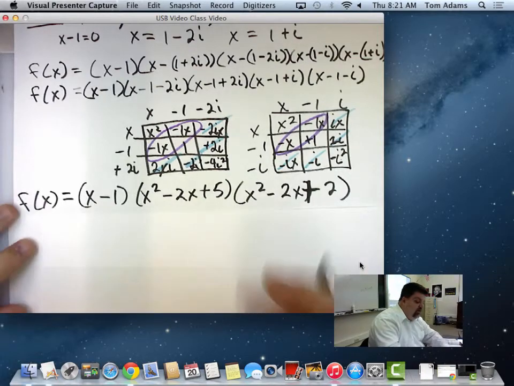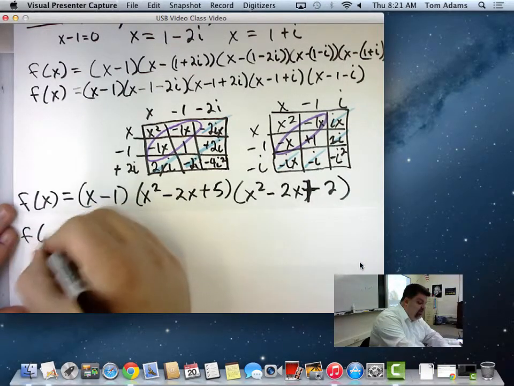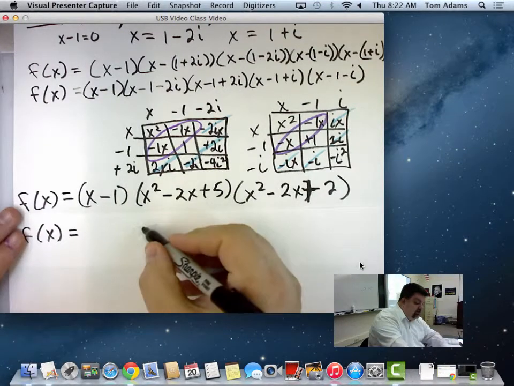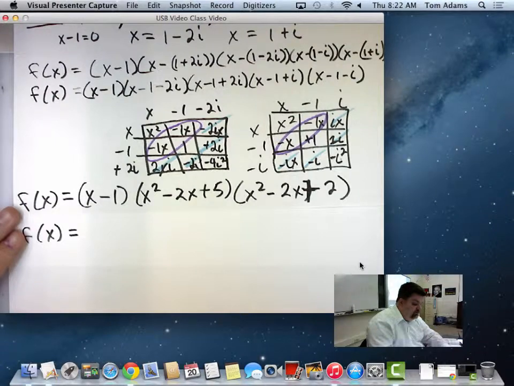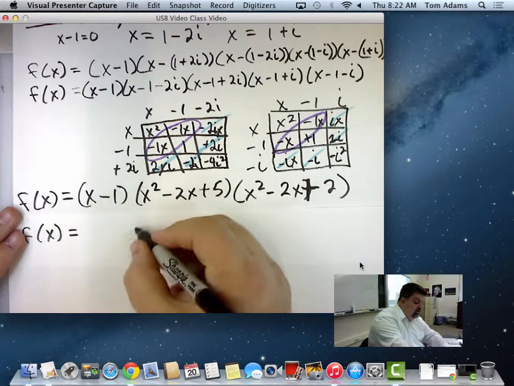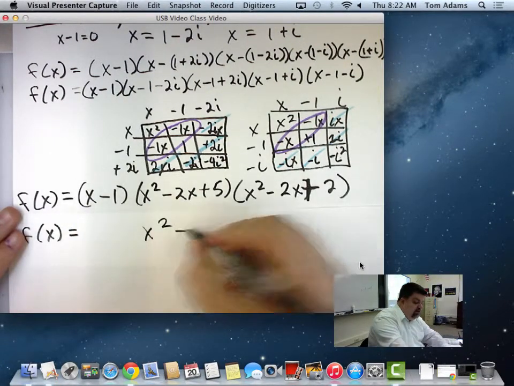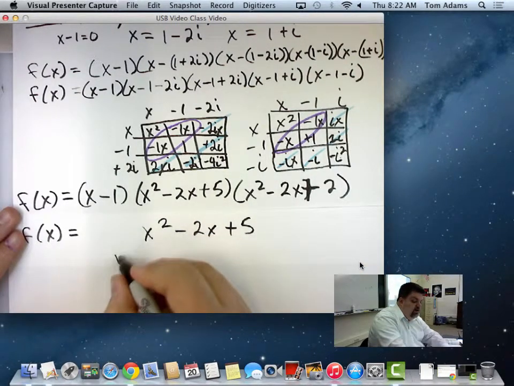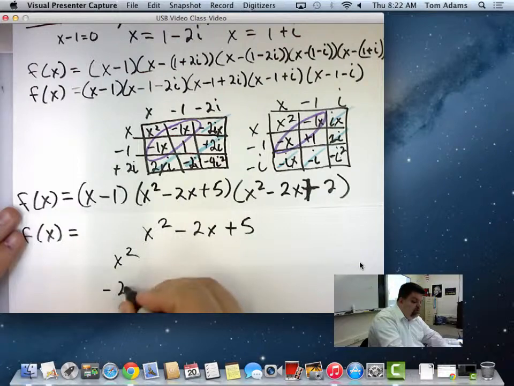What I need to do now is say f of x is equal to, and then I need to FOIL these. So I'm going to take the big ones first and then multiply it by this at the end. So I'm going to say x squared minus 2x plus 5 times the quantity x squared minus 2x plus 2.